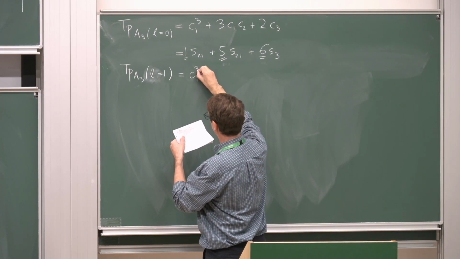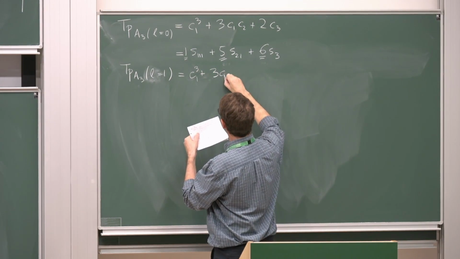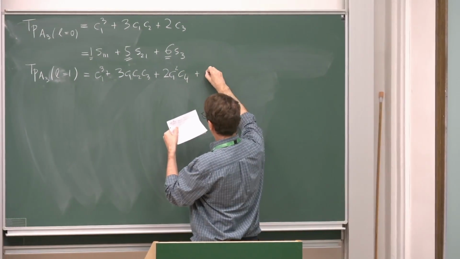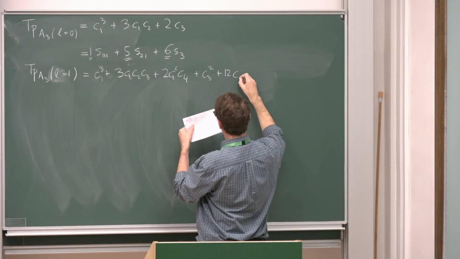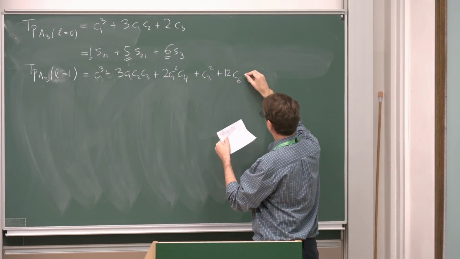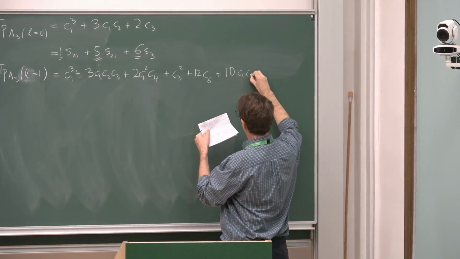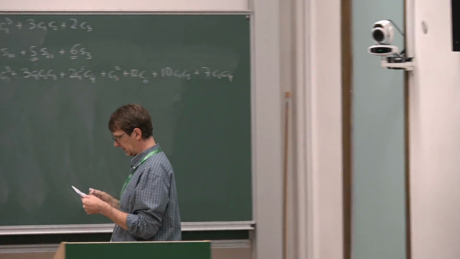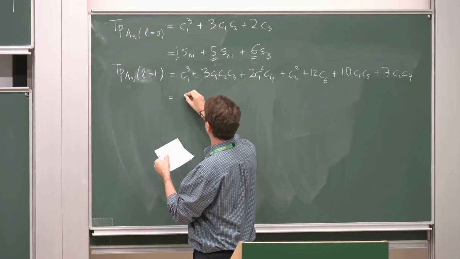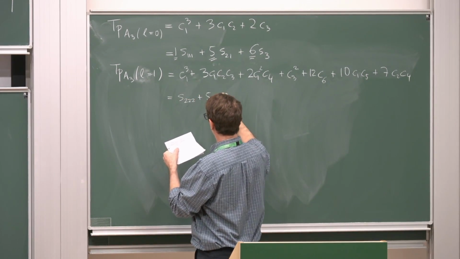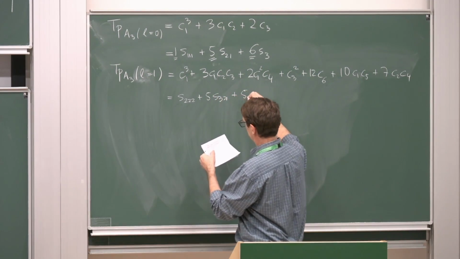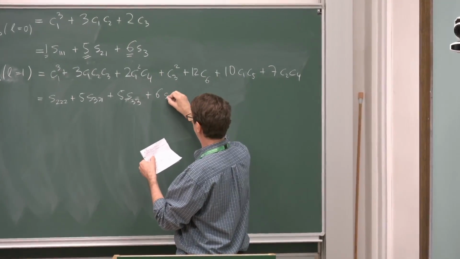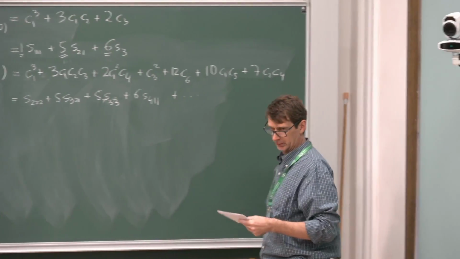It turns out to be c2 cubed plus 3 c1 c2 c3 plus 2 c1 squared c4 plus c3 squared plus 12 c6, if I'm correct, plus 10 c1 c5 plus 7 c2 c4. That's what it is. In Schur expansion, this is S222 plus 5 S321 plus 5 S33 plus 6 S411 plus a few more coefficients.